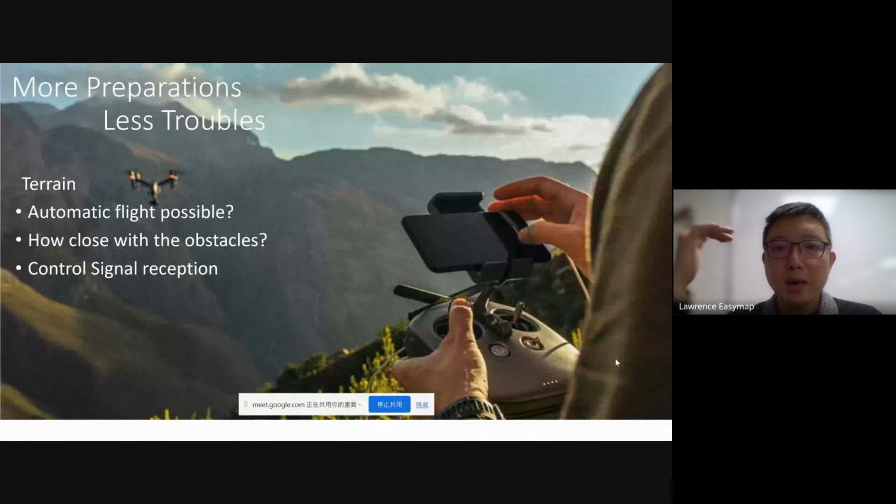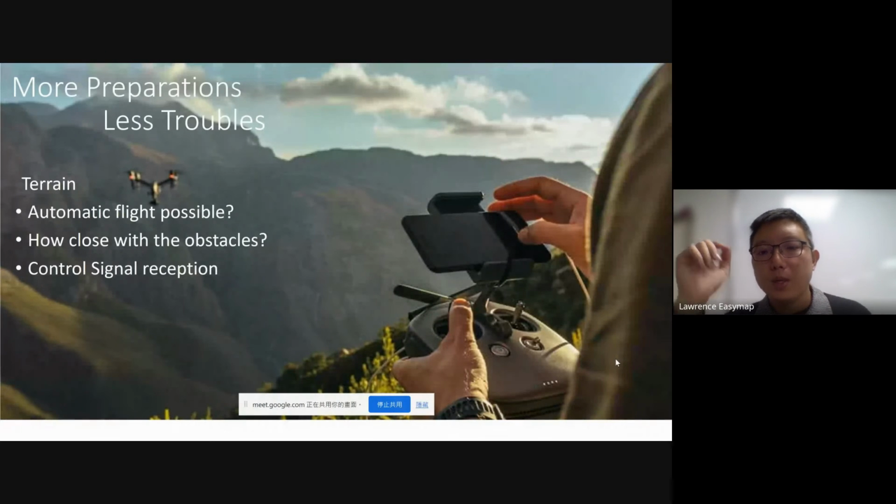You need to study everything before you plan your automatic flight. Even though it looks like just flat land, there may be some power lines, some towers developing from the ground. How close are they to the obstacles? And if those obstacles are threatening your control signal, this is something you need to be concerned about.